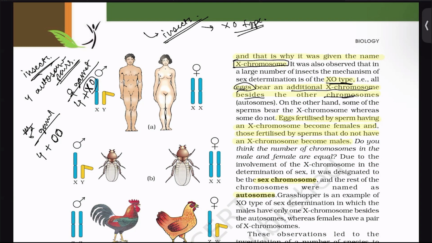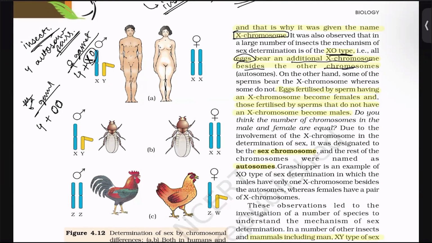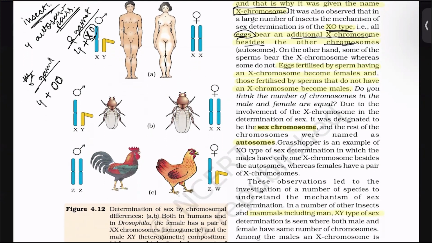And that's why this mechanism is known as XO type, where all eggs bear an additional X chromosome, and that determines if the organism will be female or male. Sorry, this is not gamete, this is female. Sorry, there won't be O, because in a gamete only one of each pair is coming. So the male gamete is 4 plus O type, and the female gamete will be 4 plus X type.